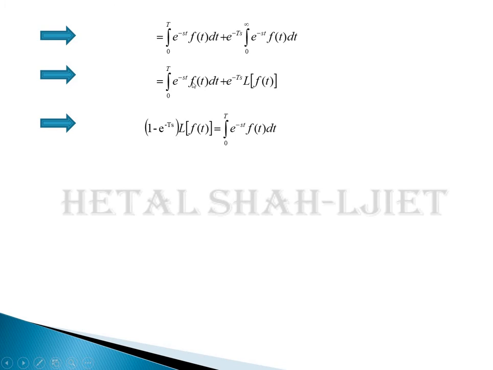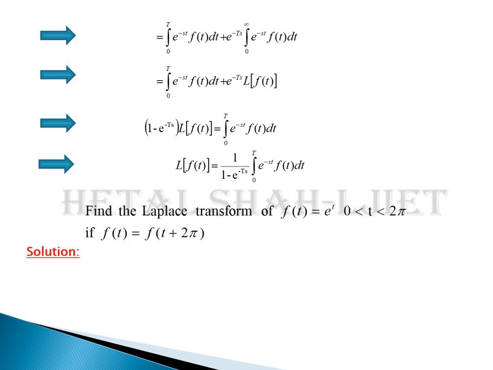This is the Laplace of f of t. So if we keep the second term on the left hand side, that is 1 minus e raised to minus Ts, Laplace of f of t, and the first term we keep the same. By simplifying, we get Laplace of f of t is equal to 1 upon 1 minus e raised to minus Ts, times the integral from 0 to T of e raised to minus st f of t dt.